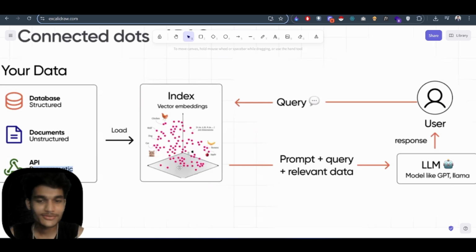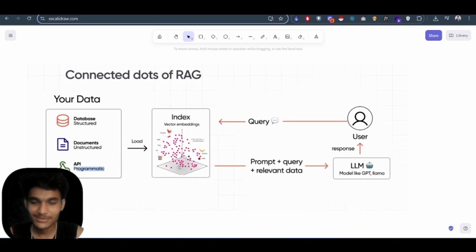I'm not going to provide any jargon right now. You can say it stores the data in 3D space, and the most similar or semantically related things are stored at equal or low distance, and unrelated things are stored far apart.